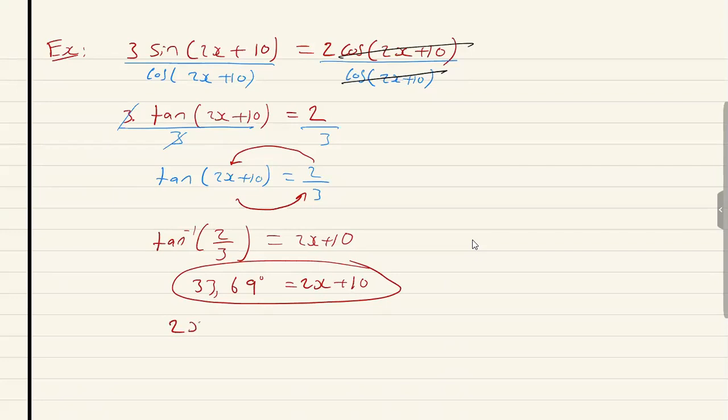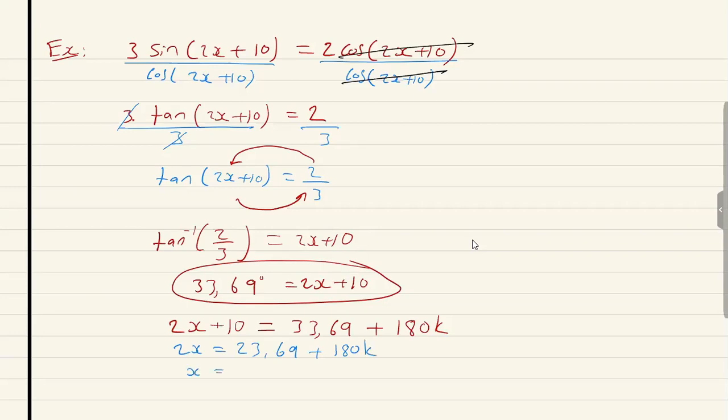So you are going to say 2x plus 10 is equal to 33,69 plus 180k. Now leave x alone. Take 10 to the other side, minus 10. 2x is equal to 23,69 plus 180k. Divide each side by 2.